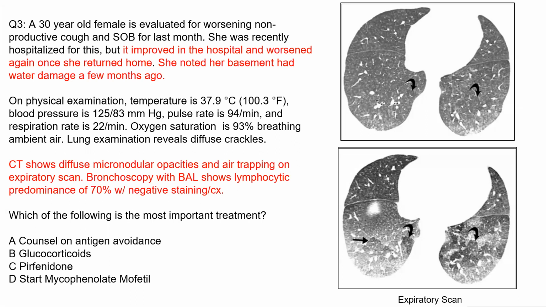There is some exposure, and she also had an exposure challenge when she went home again. She got short of breath again. The other things are the CT scan with these diffuse micronodular opacities, the air trapping as well, and the bronch with BAL with negative staining and cultures. So the counsel and antigen avoidance was key.